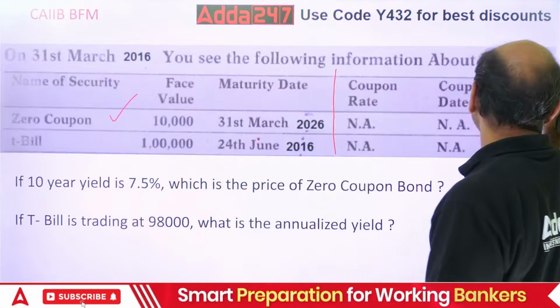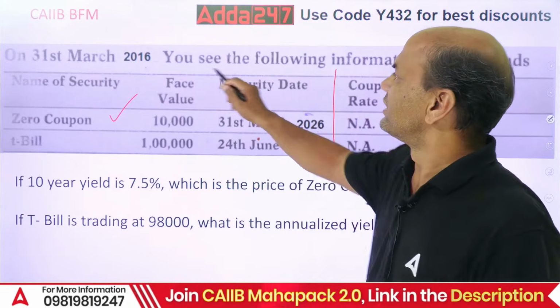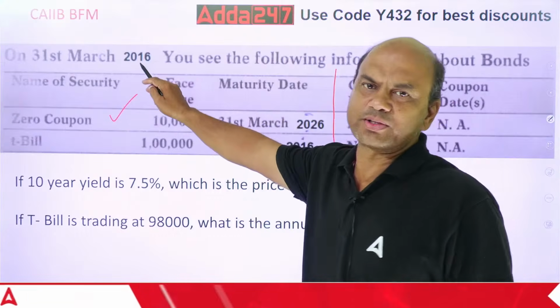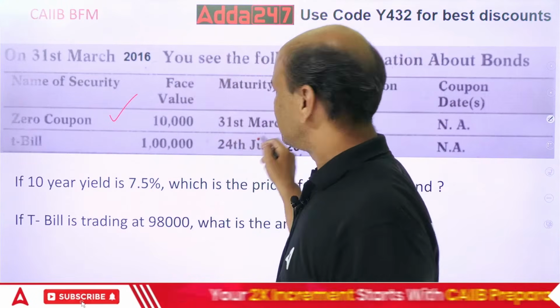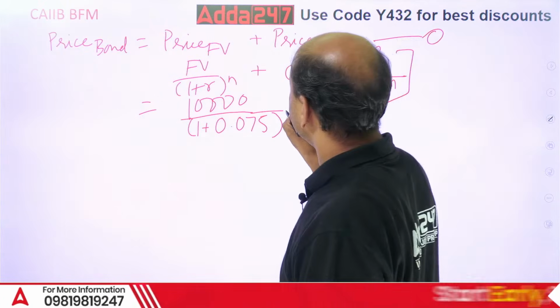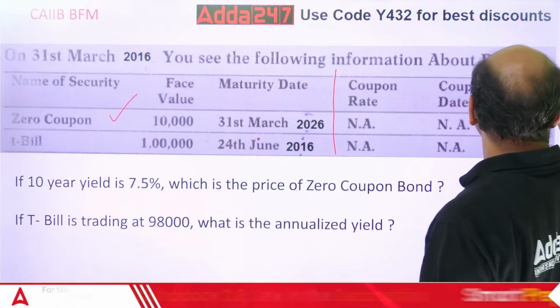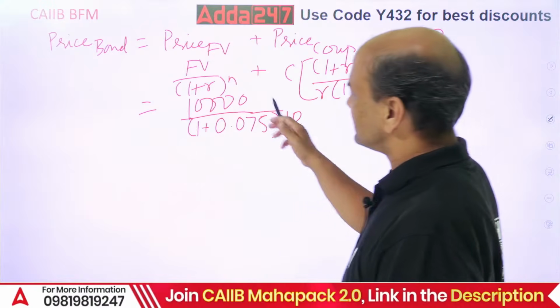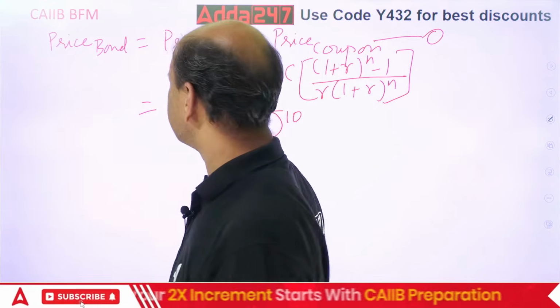What is the period given? Today is 31st March 2016 and the maturity is 2026. So 10 years, so this will be raised to 10. So that is 7.5 only, yes? Now solve this: 10,000 upon 1.075 raised to 10.